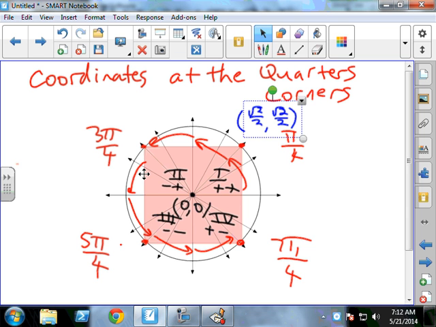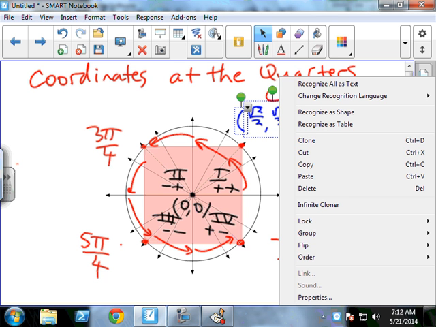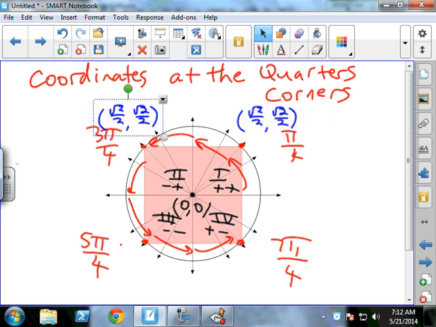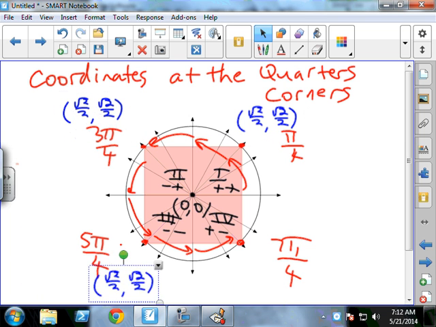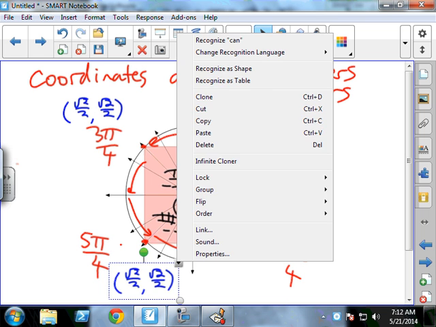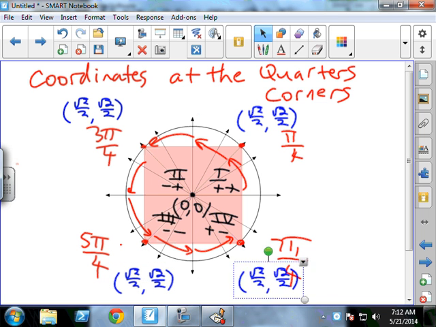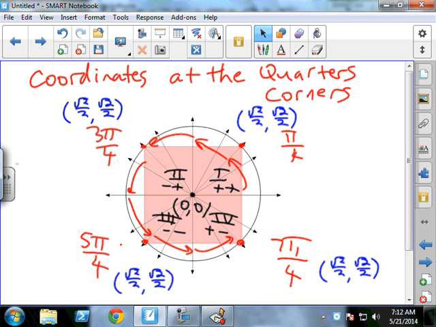The great thing about all that is this. Symmetry comes into play. Knowing the Cartesian plane comes into play. Knowing the signs in the Cartesian plane comes into play. What I'm saying is every coordinate there is going to have the same numbers in absolute value. It's going to be a rad 2 over 2 and rad 2 over 2.